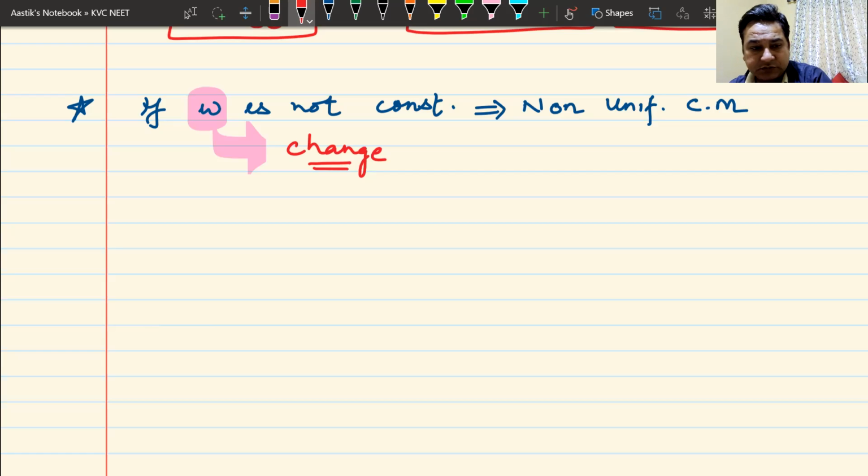No one knows? When the velocity of the body changes, what do we call? We say that the body is accelerated. Acceleration, change of velocity. Whenever velocity changes, we say that the body is accelerated. Similarly, when the angular velocity of the body changes, we'll again call it accelerated.